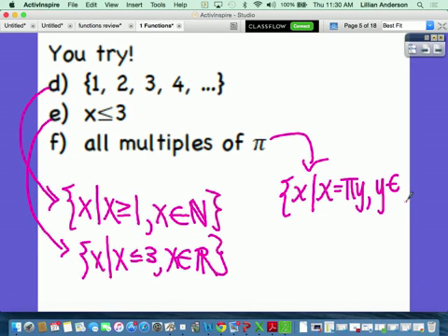Well, first off, multiples of pi, that's pi, 2 pi, 3 pi, 4 pi, 5 pi, 6 pi, 7 pi. Also, negative pi, negative 2 pi, negative 3 pi, and so on and so forth. So y has to be an element of not rational numbers, but integers.